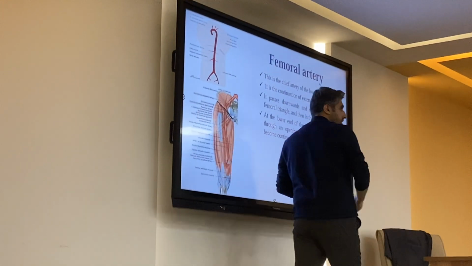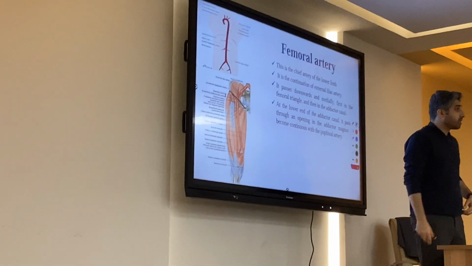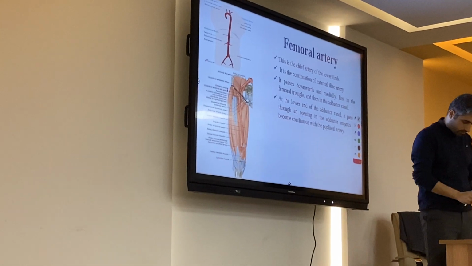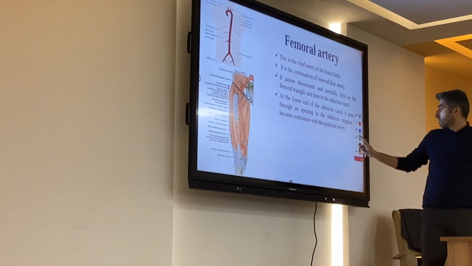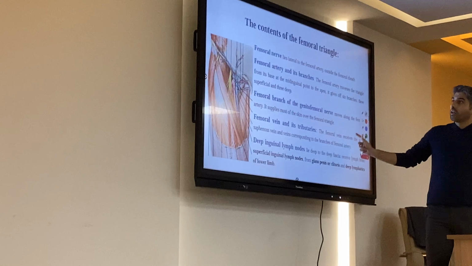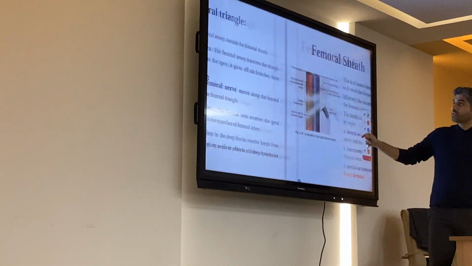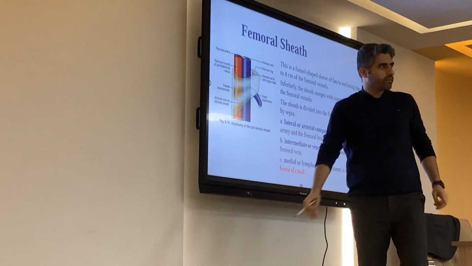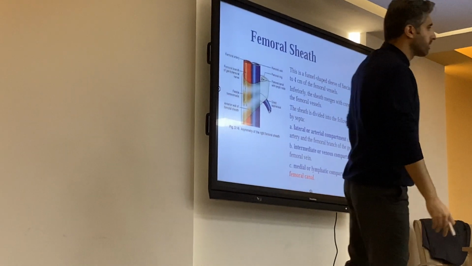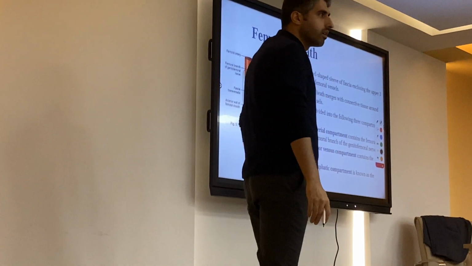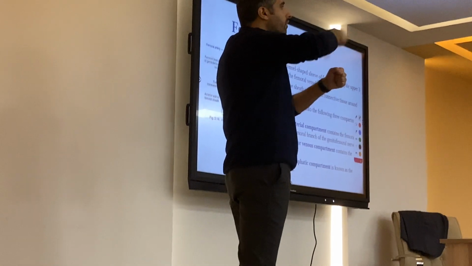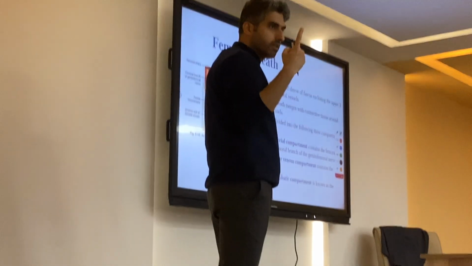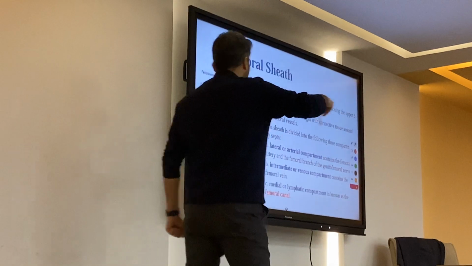I think we have a question for the external iliac artery. Yes, it's here. So, femoral triangle contents: femoral sheath. Sheath means malaf. They have a sheath around the vessels, artery and vein. Look at here.